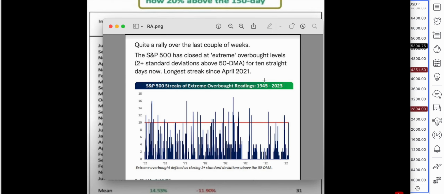So they have another methodology where they look at the 50-day moving average and a statistical figure from 2 standard deviations, and when the price has been above the 50-day moving average and above 2 standard deviations, that has resulted in an overbought condition.